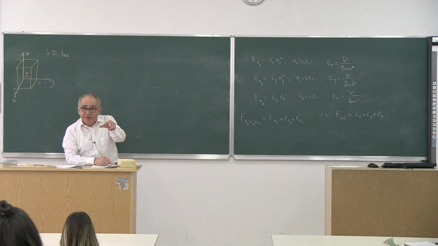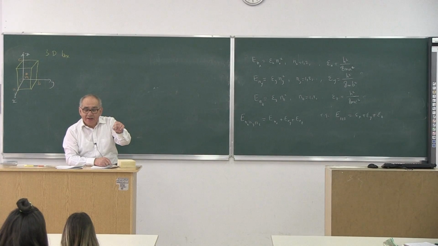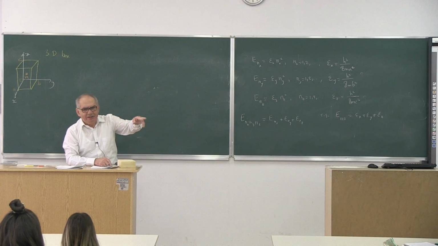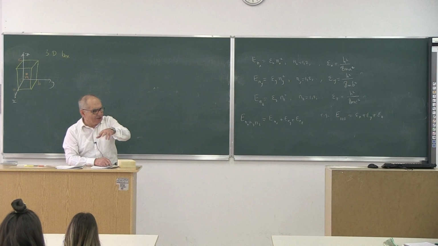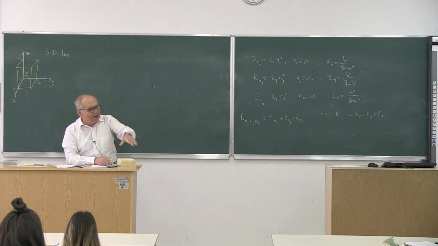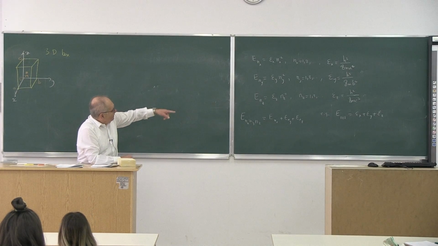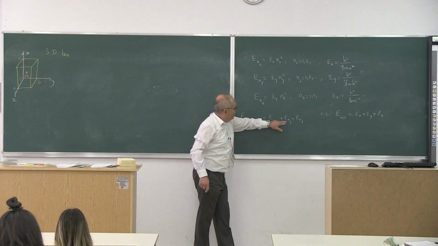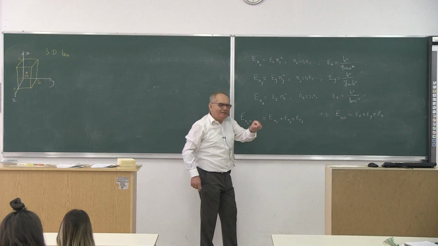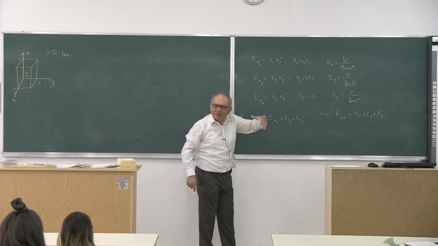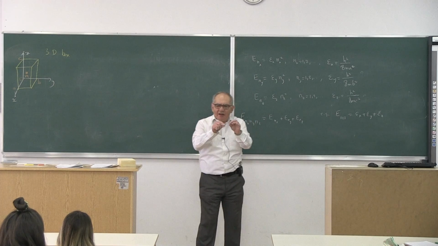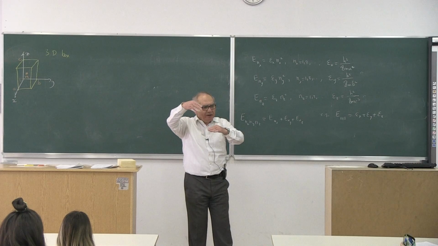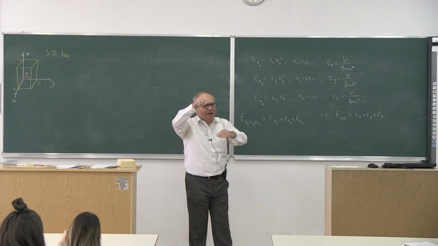If this 3-dimensional box is not a cube, if A is different from B and B is different from C, all A, B, C are different from each other, then for each selection of nx value, ny value, nz value, you would obtain a different number for the total energy in general. That means each energy level will have just one state function.